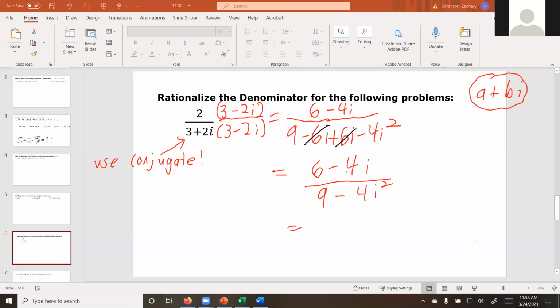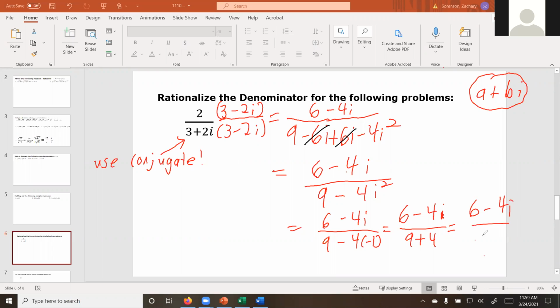Turn the i squared into a negative 1? Yep. So I get 6 minus 4i over 9 minus 4 times negative 1 gets me 9 plus 4. I get 6 minus 4i over 13.